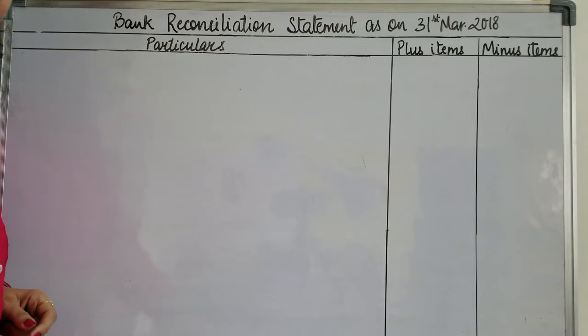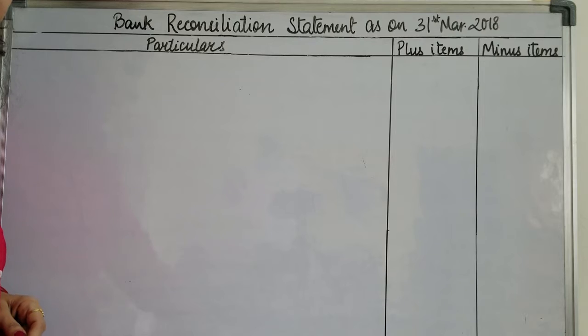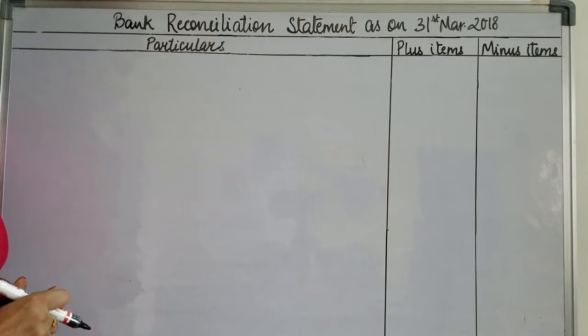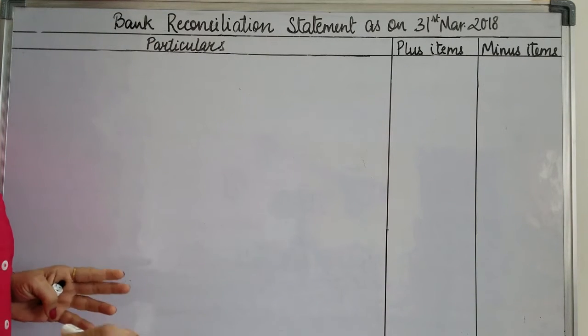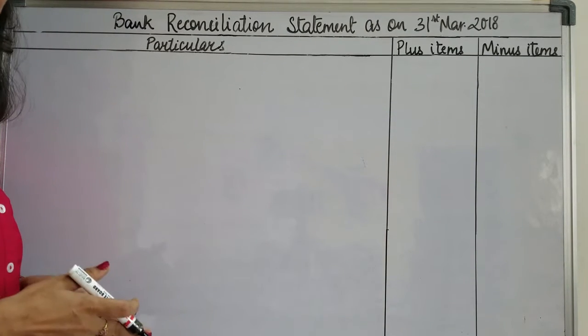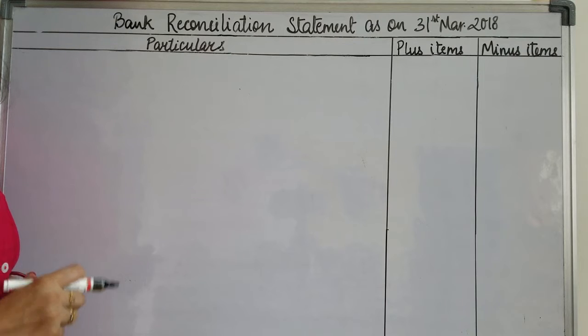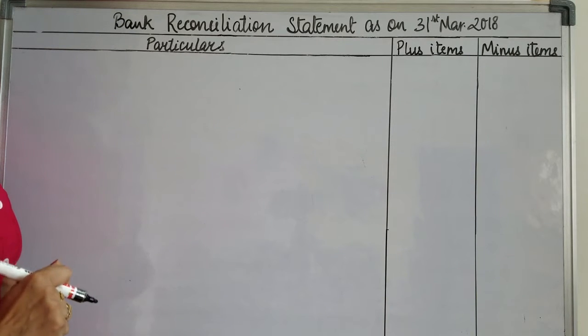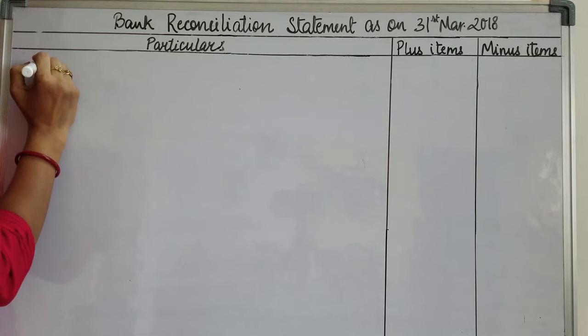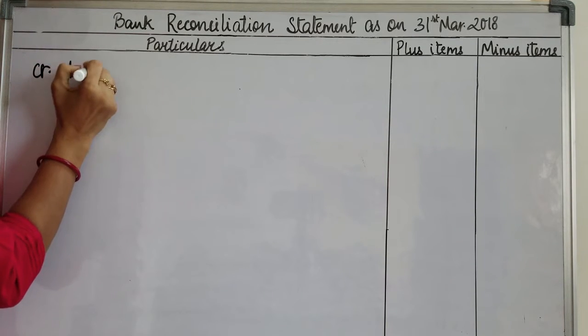It says that on 31st March 2018, passbook showed a balance of rupees 25,000. Prepare a bank reconciliation statement from the following particulars. Here nothing is mentioned as to whether this balance of 25,000 is a debit balance or credit balance, so it will be treated as credit balance, and this credit balance of 25,000 will be taken as the base amount.